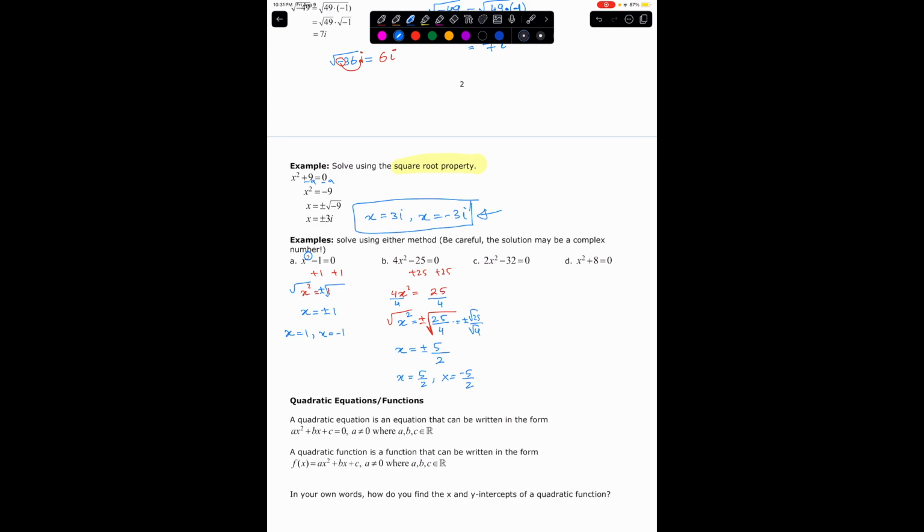Number C, 2x squared minus 32 equals 0. Again, using the square root property, I'm going to add 32 to both sides of the equation. So we will have 2x squared equals positive 32. Not 23, 32.